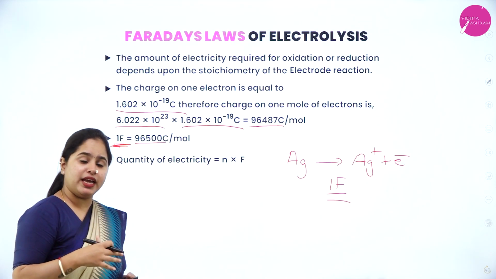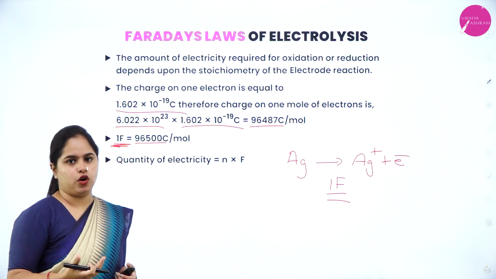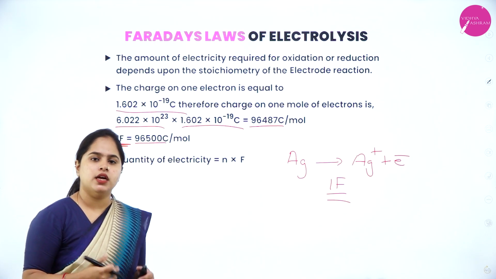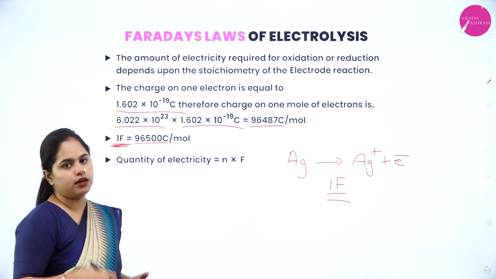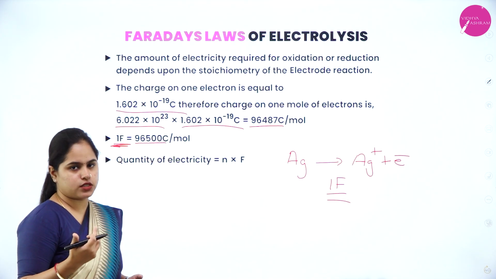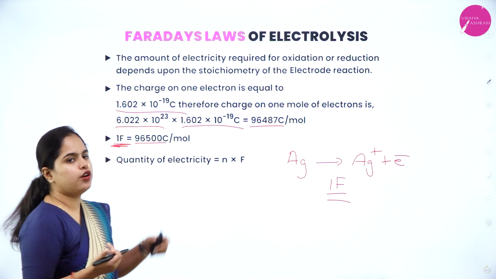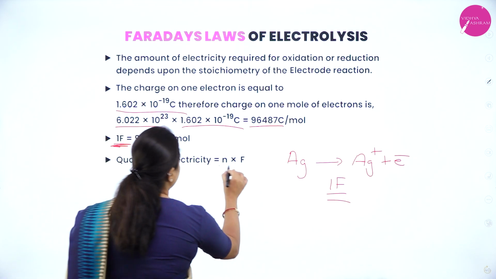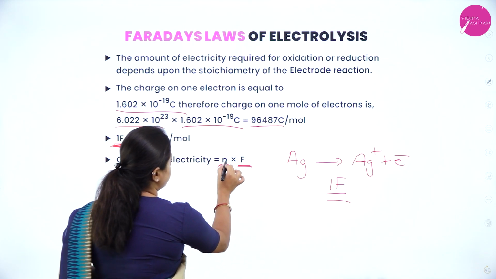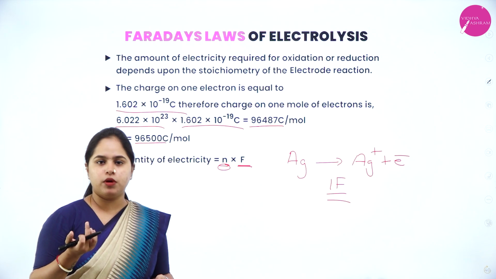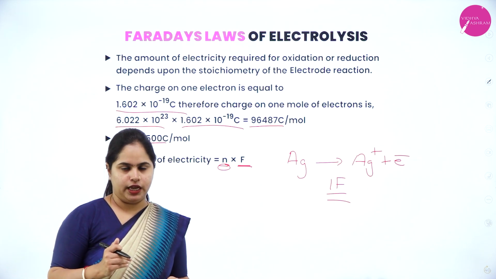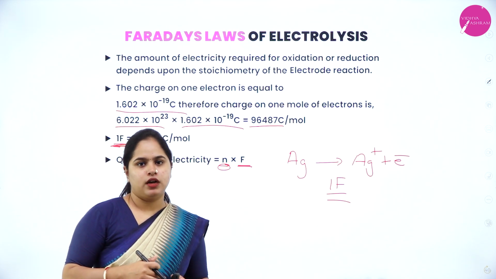It is based on the number of electrons and the stoichiometry of the reaction. You have to remember this number: 1 Faraday is equal to 96,500 coulomb, and the quantity of electricity is equal to n × F, where n stands for the number of electrons involved in the chemical reaction. When we do a problem based on it, you will be clearer. So this is Faraday's first law.